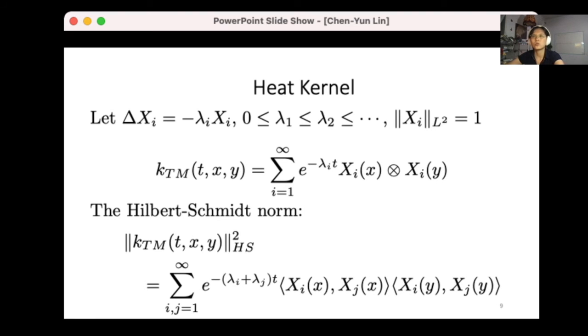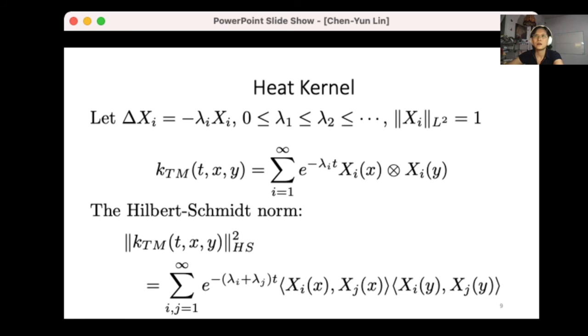Therefore, when you do truncation, you're really just getting rid of a small error. So the full heat kernel can be approximated by the truncated heat kernel. Whatever we say about the heat kernel is going to be true for the truncated heat kernel as well. I'm just not writing it down because otherwise it will look too complicated.